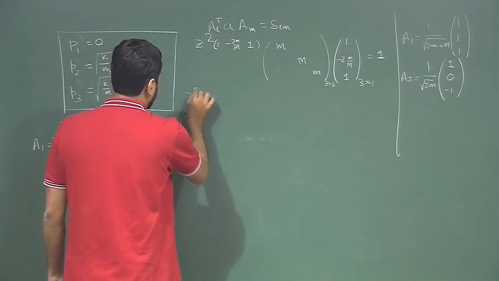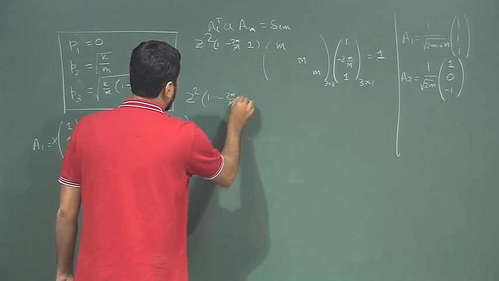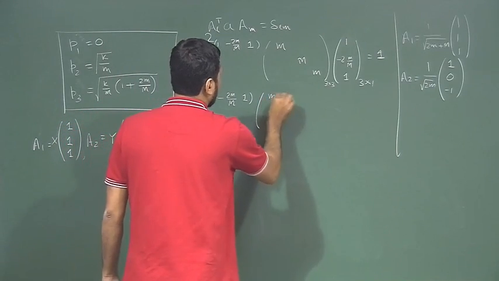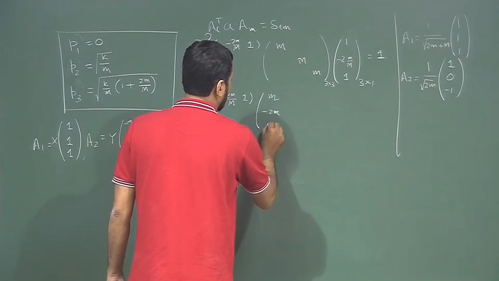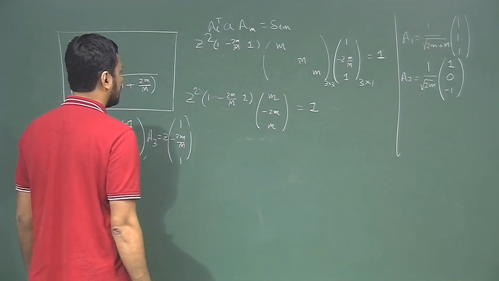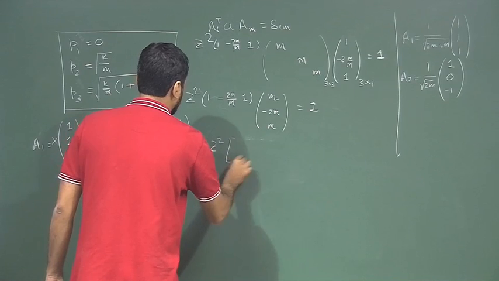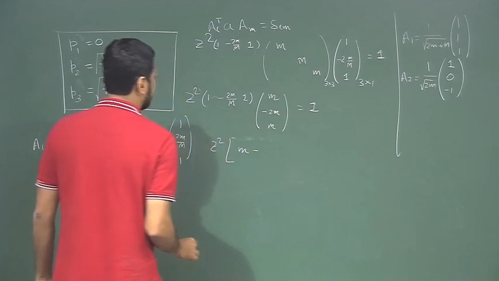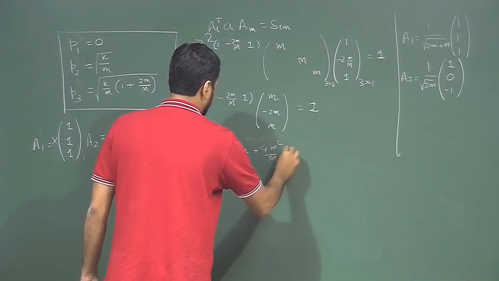So, second step, it will be m, minus 2m, m, equal to 1, and then we have z square times (m minus 4m square by M plus m).